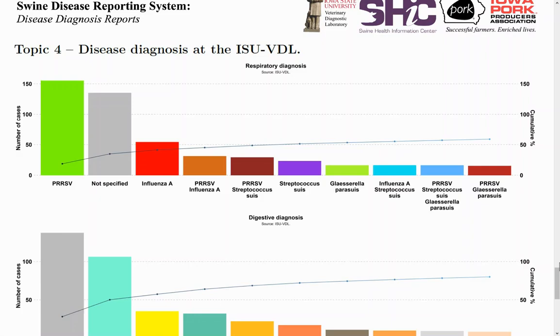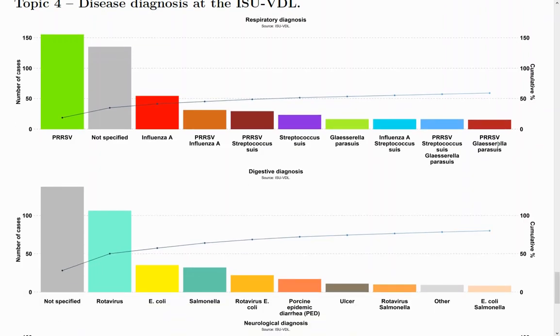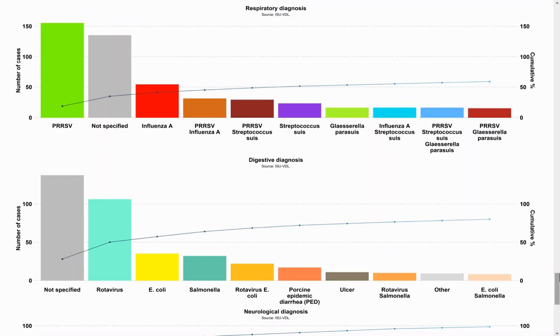So to confirm a particular pathogen as a cause of a disease process requires diagnostic investigation of information and findings, which include clinical presentation, submission and history details, test results, and compatible microscopic or gross lesions by a capable diagnostician.